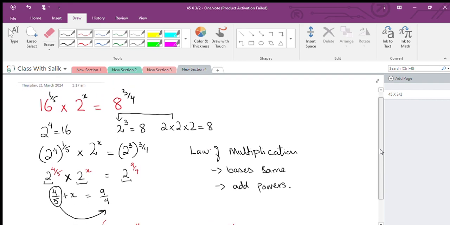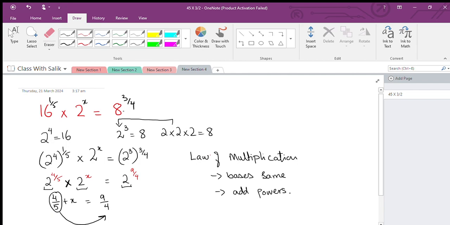So it's very important that, for example, if you are given an equation like this and you have to find any power, then you have to make the bases the same and then apply the law of indices. It depends on the sign. If, let's say, instead of multiplication there is a division sign, you will apply the law of division and then you will subtract the powers.